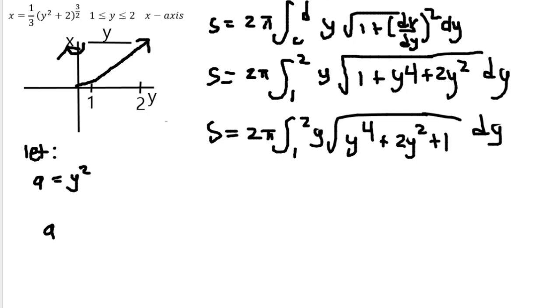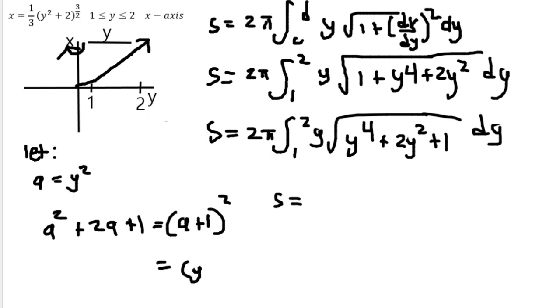So we can replace it, and we have a squared plus 2a plus 1. Then we can simplify this to a plus 1 squared, the perfect square. If we substitute y squared back into a, we get y squared plus 1.